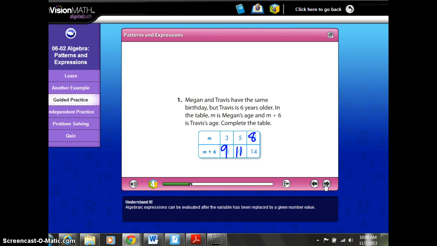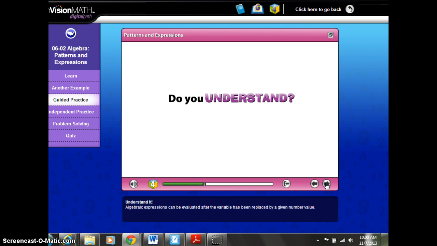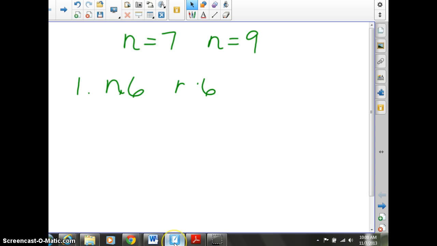Okay, well, from 9 to 11 is 2, but from 11 to 14 is 3. From 3 to 5 is 2, but from 5 to 8 is 3. So there's maybe a pattern of add 2, add 3, add 4, maybe something like that. That's a possibility. Absolutely, that would be one way to solve it. Thank you.